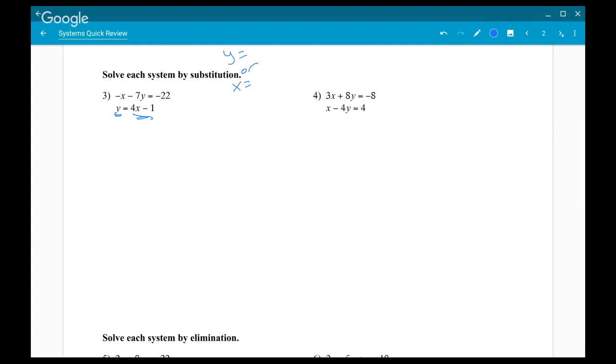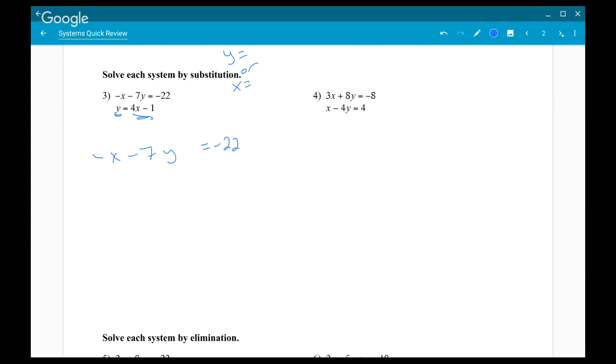Once you have that, the key is you have to use your other equation now. So I'm going to rewrite this equation so it makes it a little bit obvious what I'm doing: negative x minus 7y equals negative 22. And then what you're going to do is called the substitution piece.